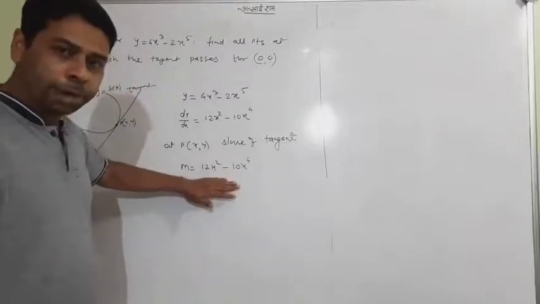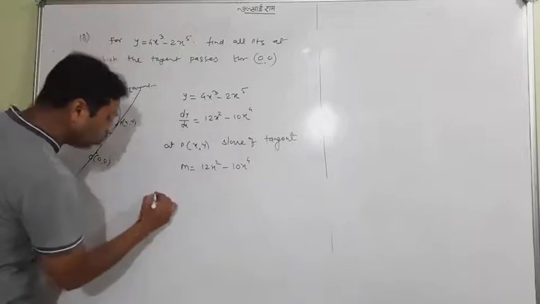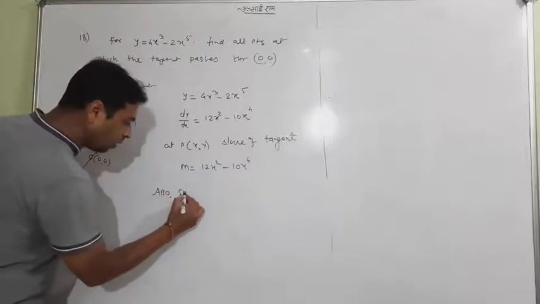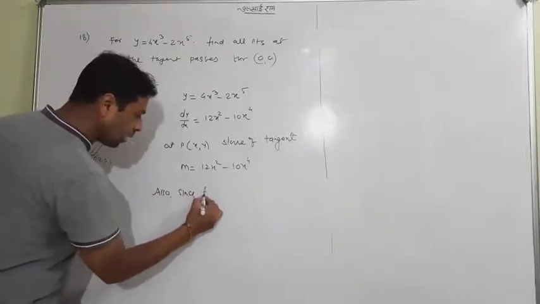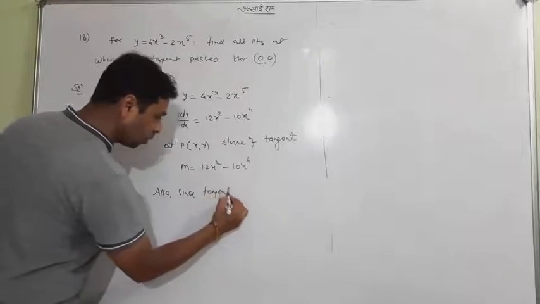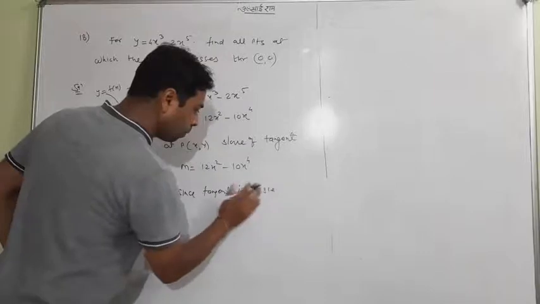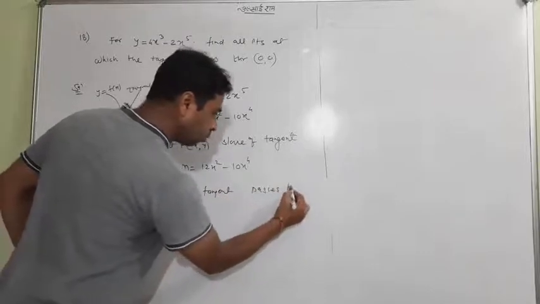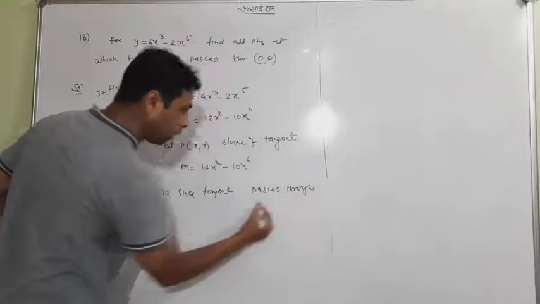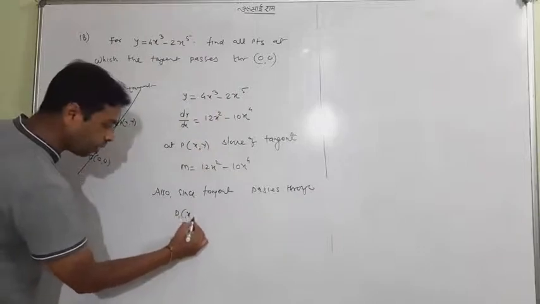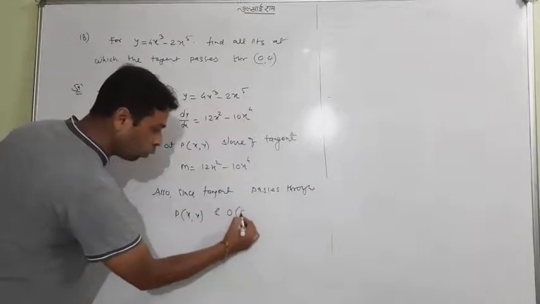Now we can compare. Also, since the tangent is passing through the point, what two points are we looking at? P(x, y) and O, the origin.